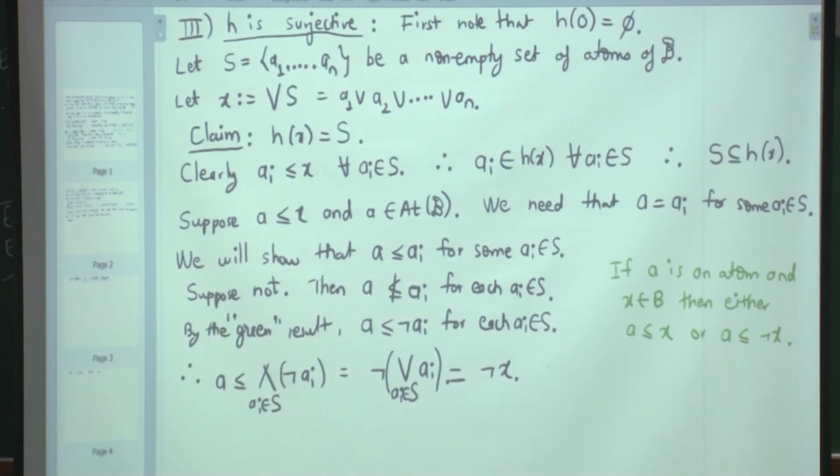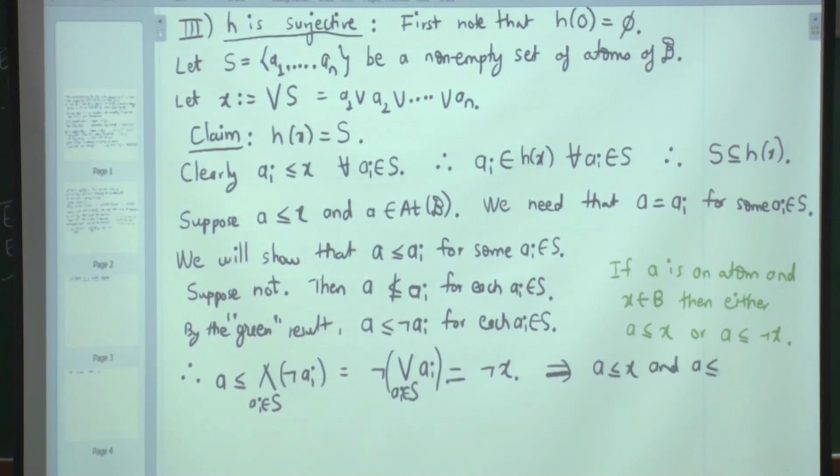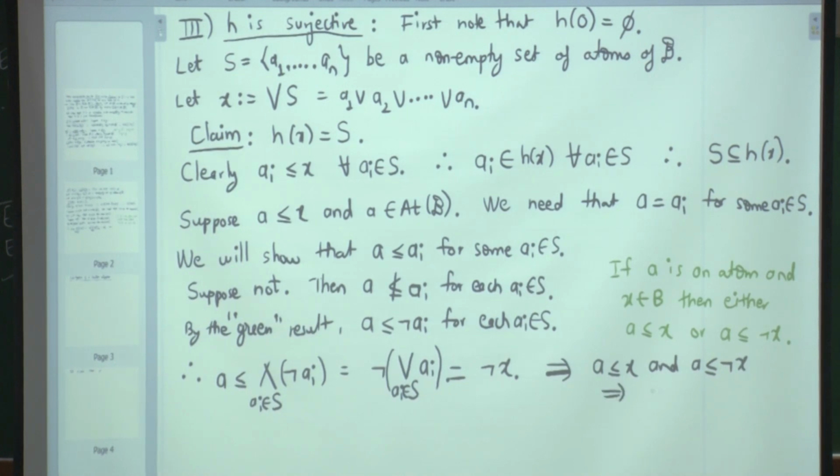So therefore A is less equal x and A is less equal negation x. This implies that A is equal to 0, which is a contradiction.